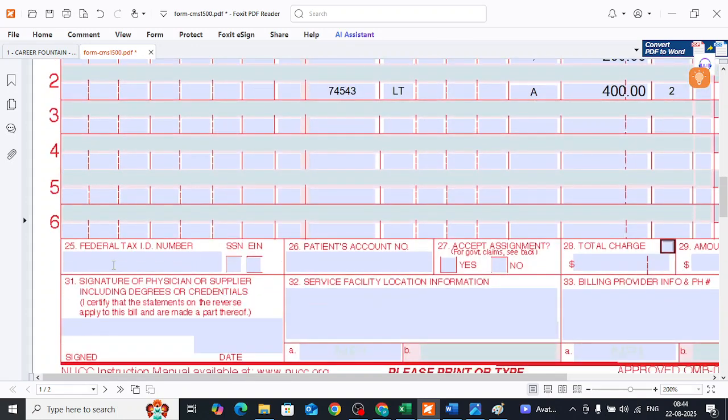Now box number 25. It is for the tax ID number. It's a 9-digit number. Like we have the PAN card number in India for taxation purpose, in the US they have the tax ID number. So every person, every facility, every hospital has their tax ID number.